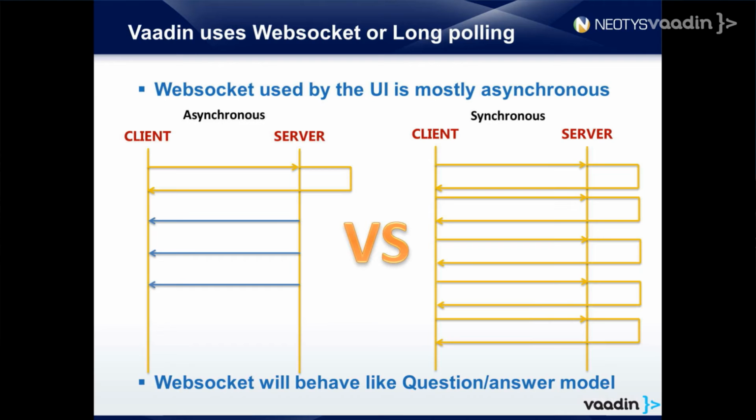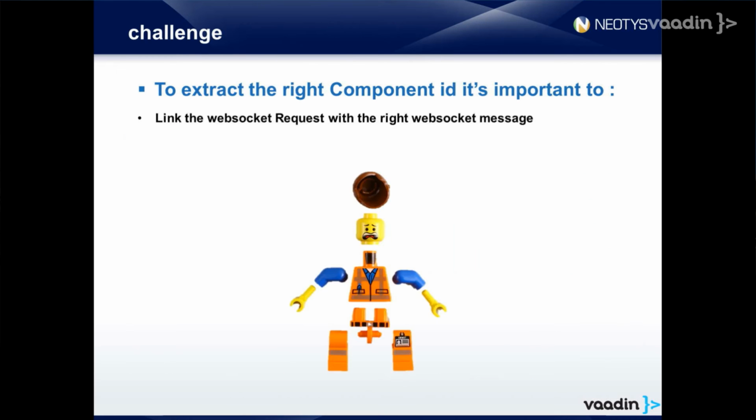With the synchronous model here, it is much easier, because if you make the link properly, the right request with the right response, then you're able to measure the response times. The challenge when designing a Vaadin scenario using WebSockets, where I click somewhere or fill in a form, is to link the right requests with the right responses.